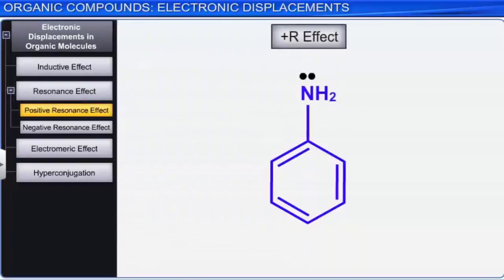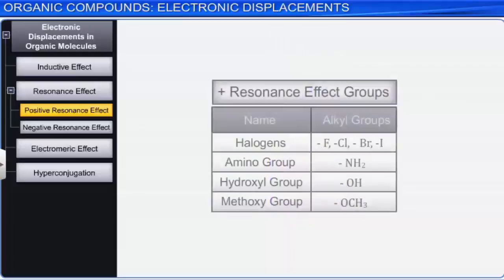In the positive resonance effect, the transfer of electrons is away from an atom or substituent group attached to the conjugated system. Halogens, amino group, hydroxyl group, and methoxy group are some of the examples of positive resonance effect groups.